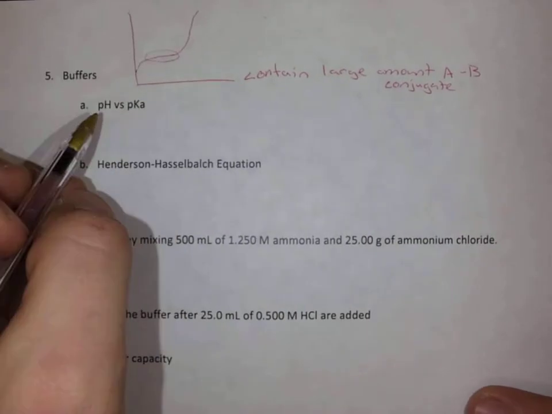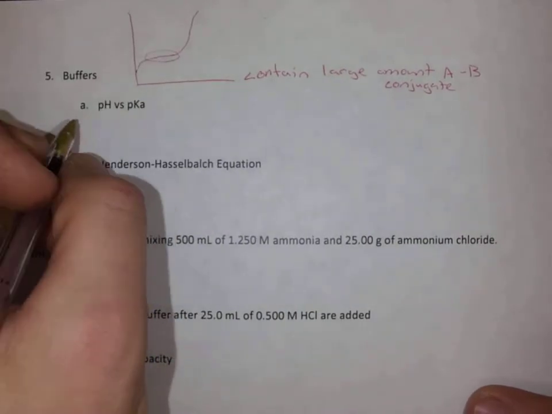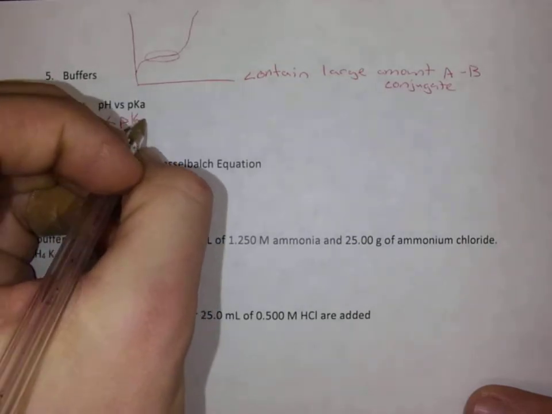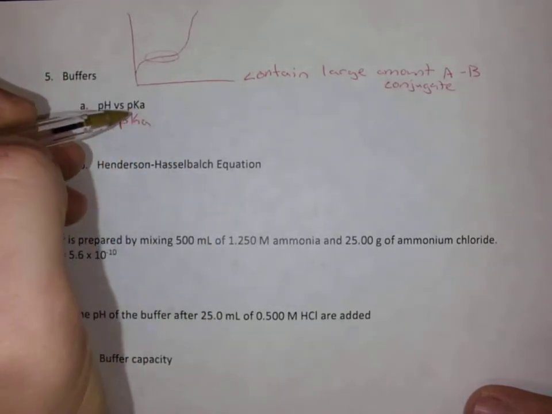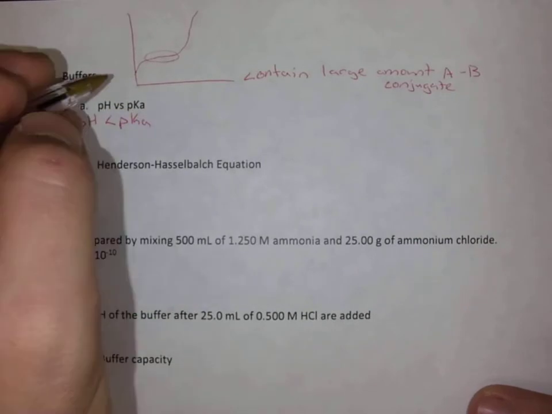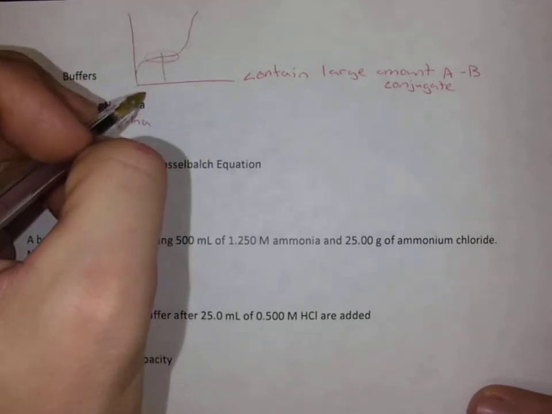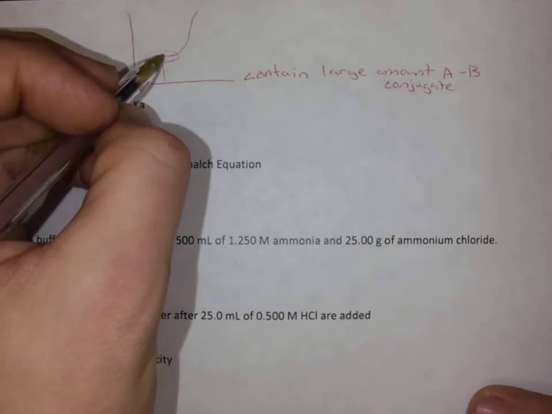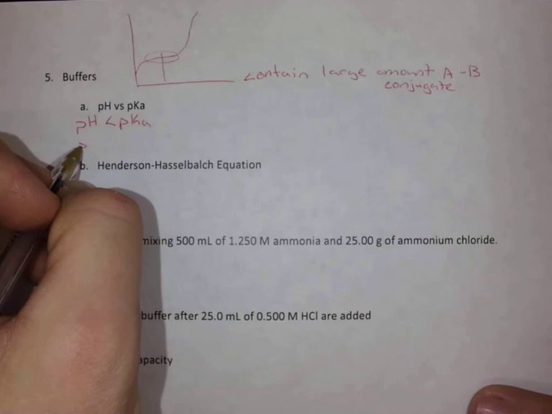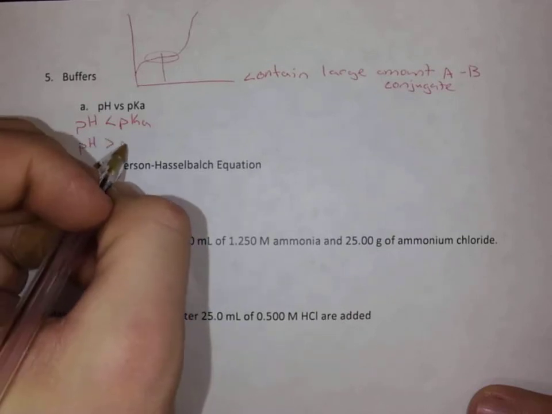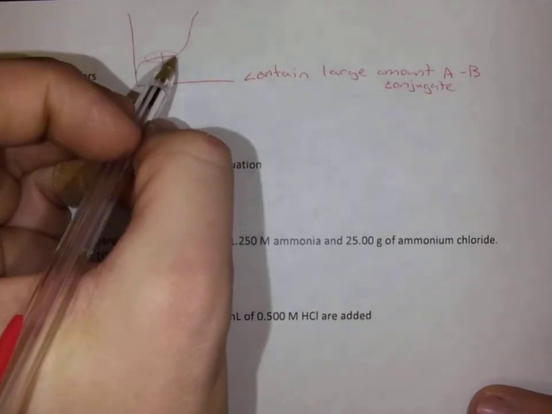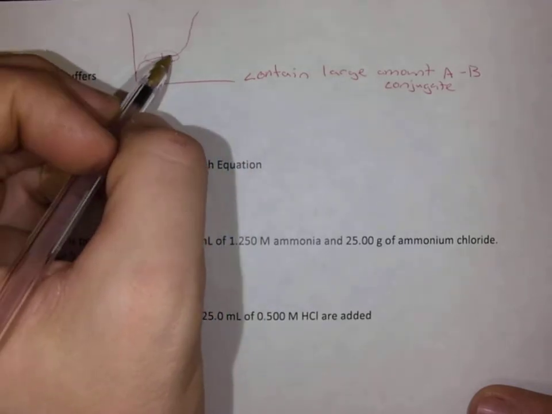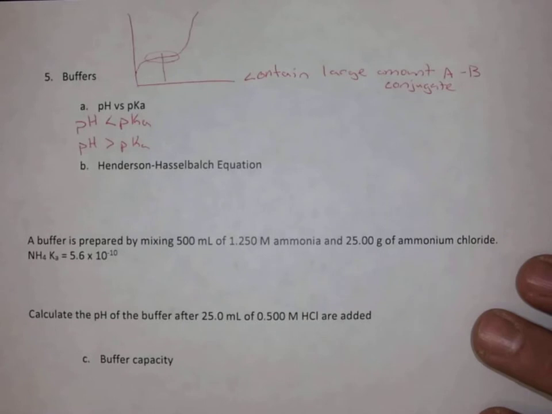If our pH is less than the pKa, then the acid is going to be in higher concentration. That's where I said we're over here in this portion. Our pH is below that pKa. If we have a pH that is greater than the pKa, then we're over on this side. Now our base form, the conjugate base, would be in higher concentration.